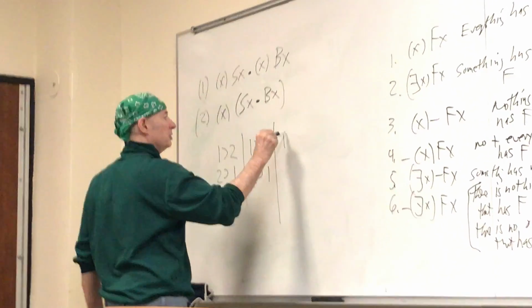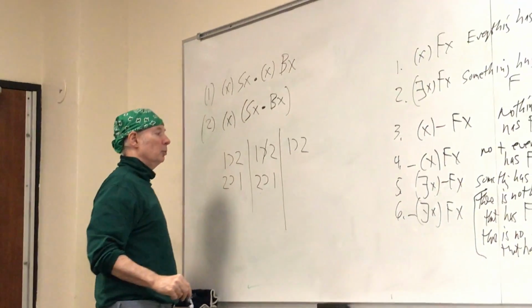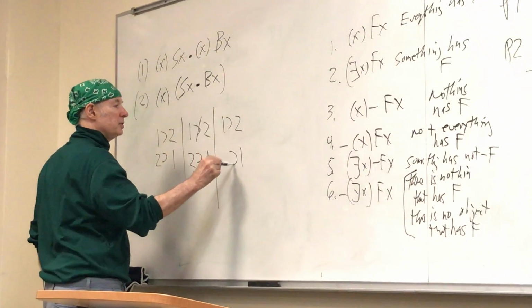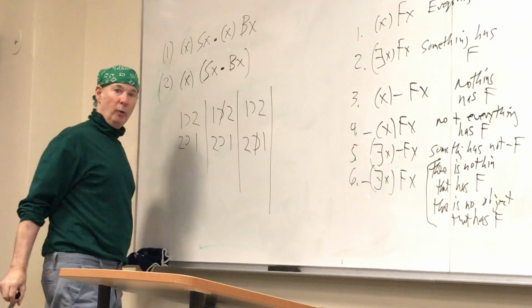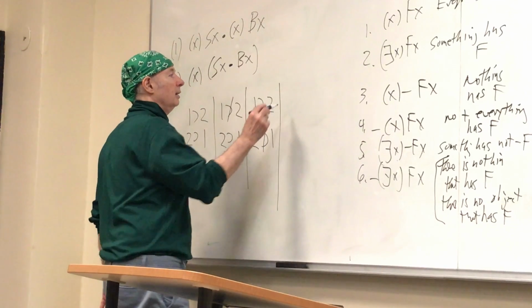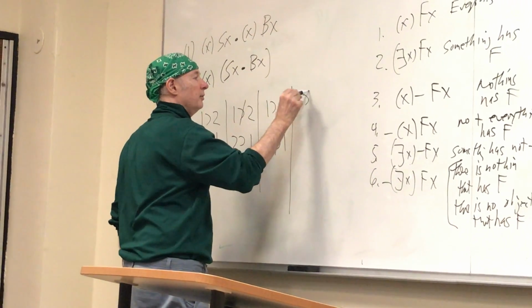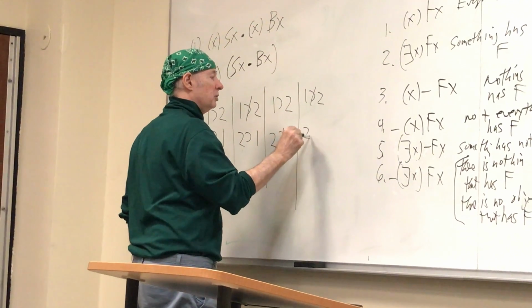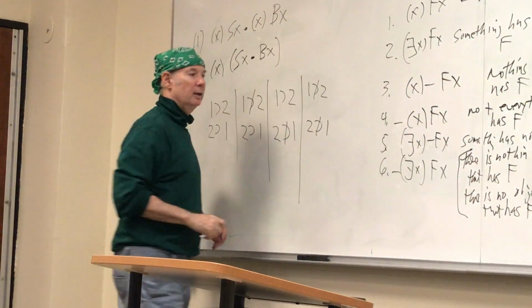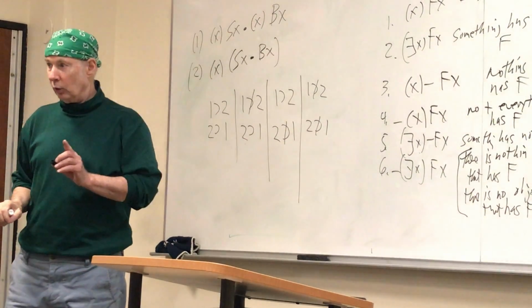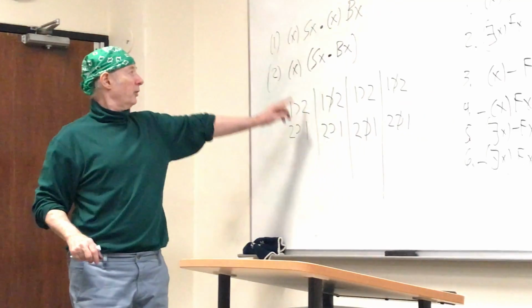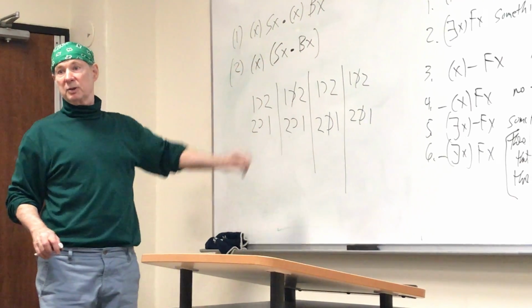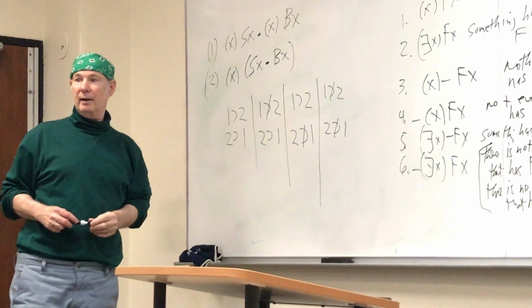Another possibility is 2 does follow from 1, but 1 does not follow from 2. And the fourth possibility is 1 doesn't follow from 2, and 2 doesn't follow from 1. One of these 4 possibilities is the truth about the inferential relations between 1 and 2.